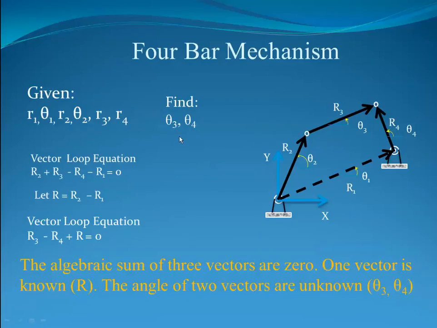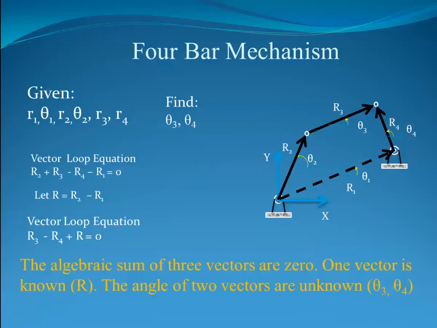This is the unknown of the problem, and on the left you see the vector loop with the vectors and the angles. Here you see the vector loop equation for the four-bar mechanism, and then we introduce some vector and substitute it in the vector loop equation, and we arrive at the reduced form of the vector loop equation.